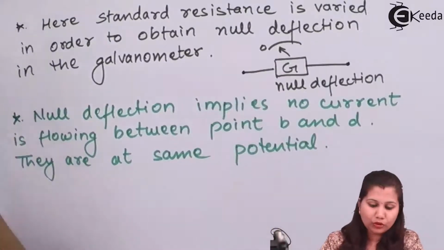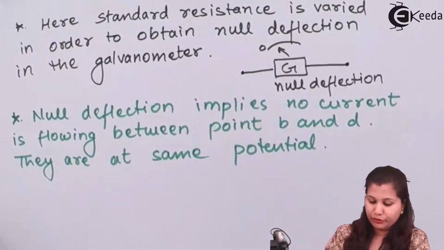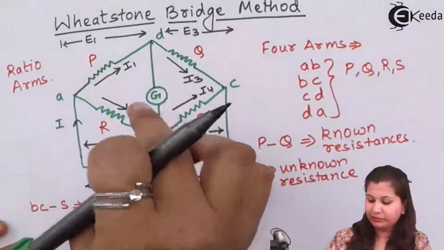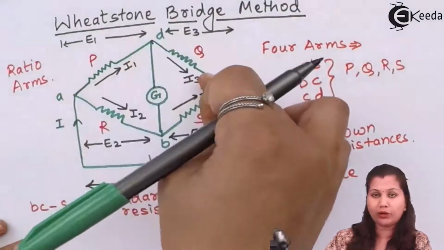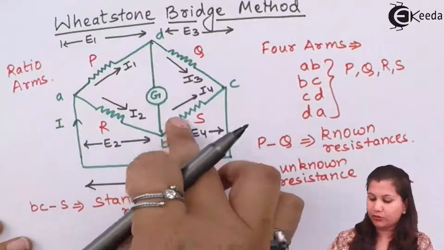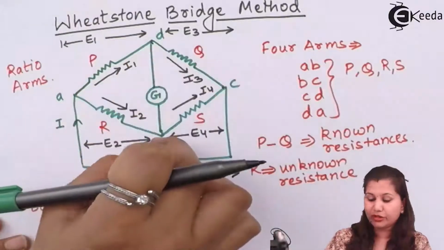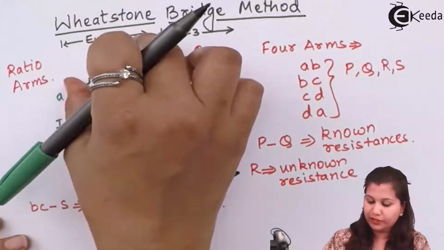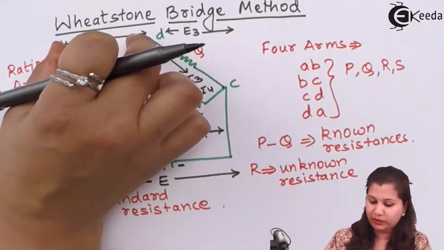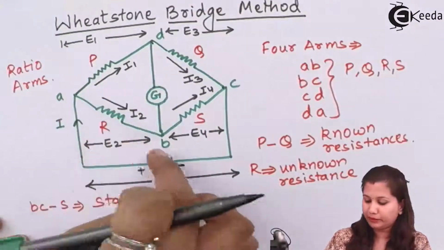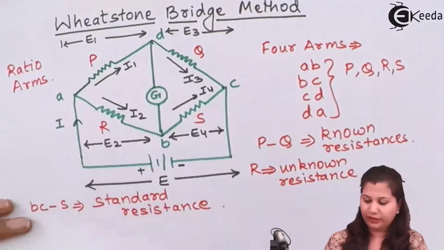As no current is flowing through this galvanometer, it means that I1 is equal to I3 and I2 is equal to I4. Also, since they are at the same potential, the voltage drop E1 and the voltage drop E2 between the points AB are equal.